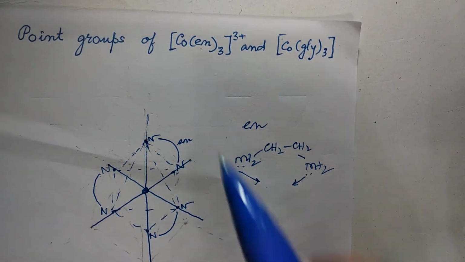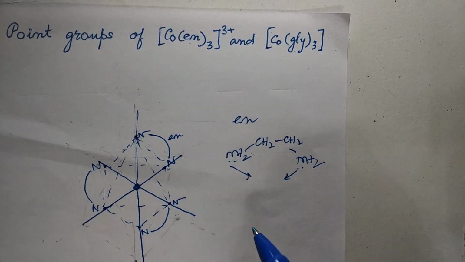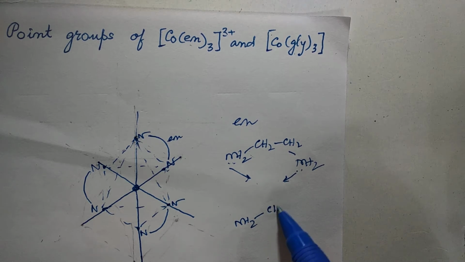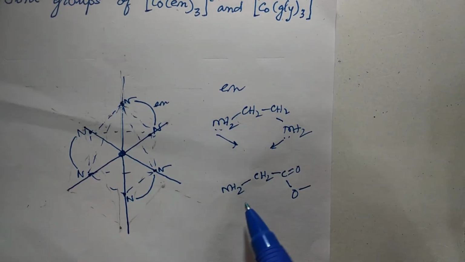We write En here. And in case of the glycinato complex, glycine is this amino acid anion, NH2CH2, C double bond O, O minus.